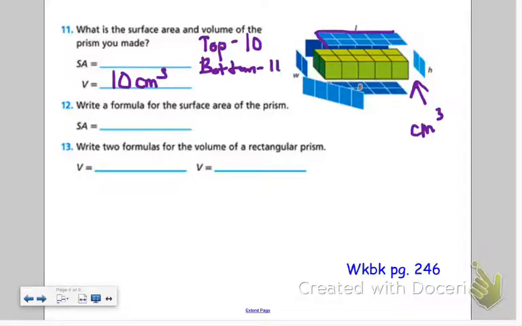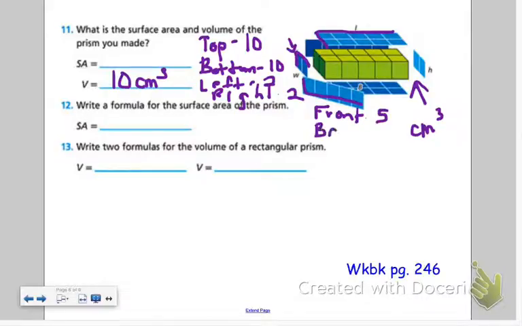I've got the left side, which looks like it's just 1 by 2, so it's 2. So left is 2, which means the right would also be 2. And then, oh, I have to get the front and the back. So here's the front. The front would be 1 by 5, so the front has an area of 5, and that means the back has an area of 5.